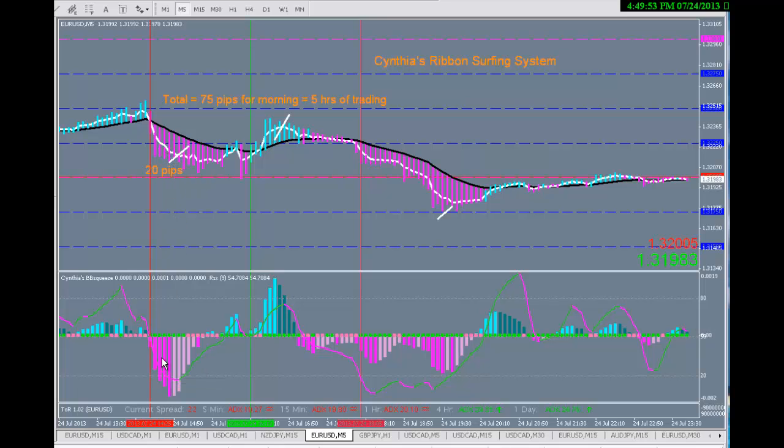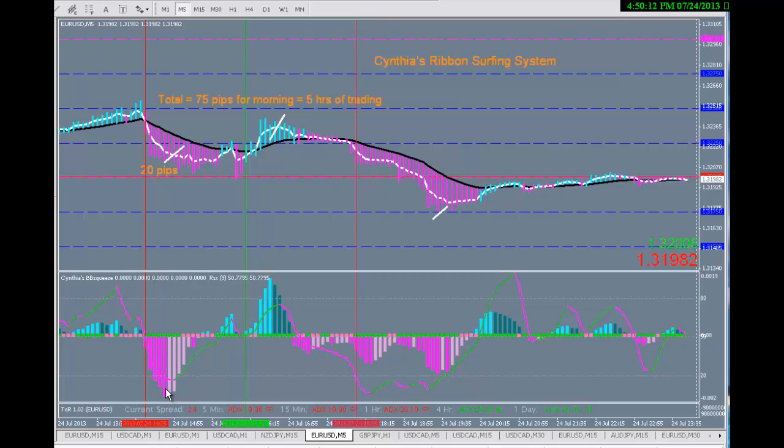And down here in the volatility window, the hot pink volatility bars, you can see they slope down. That's a strong volatility. It's gone past the 20 RSI line. I used 20 and 80, and so it went past that, and then the volatility bars turned light pink. So that means the volatility was slowing down.